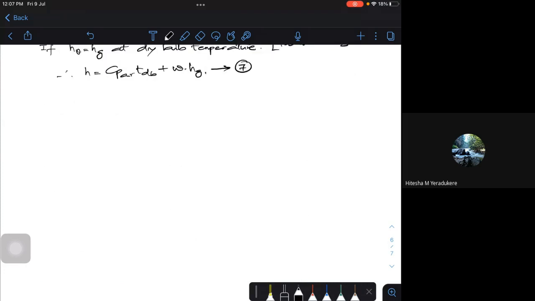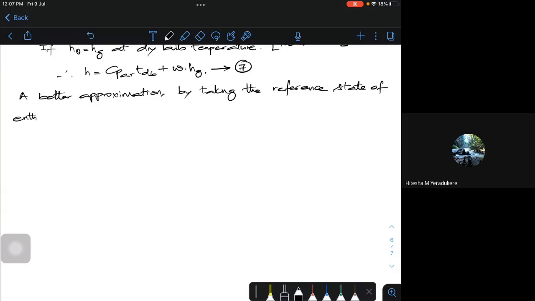These are the theory part actually. A better approximation, based on what? A better approximation by taking the reference state of enthalpy, reference enthalpy as 0 for saturated liquid at 0 degrees Celsius.